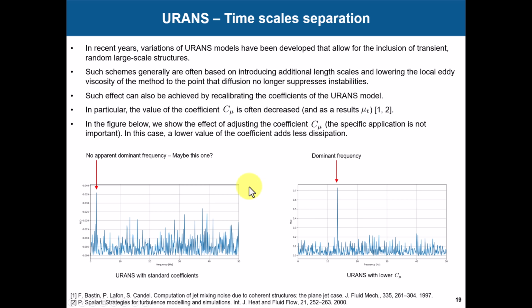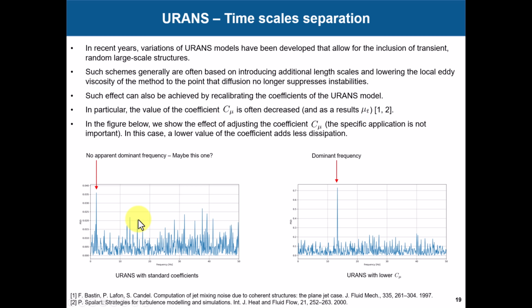And talking about URANS and that behavior, the importance of having that spectral gap, it might happen when you're computing frequencies that you entirely miss a frequency. It doesn't matter what the problem is here, but we take that time signal, standard coefficients for that model, and look, I don't see any dominant frequency.